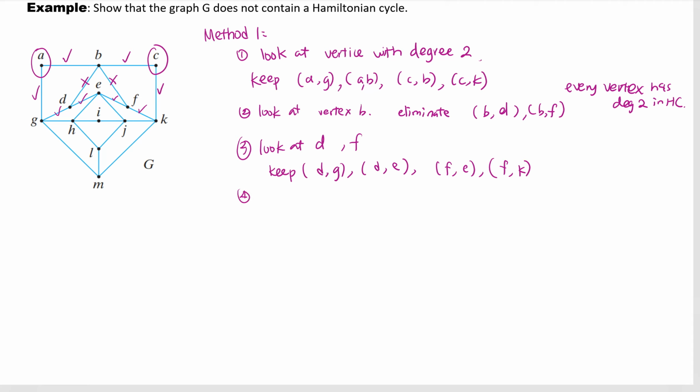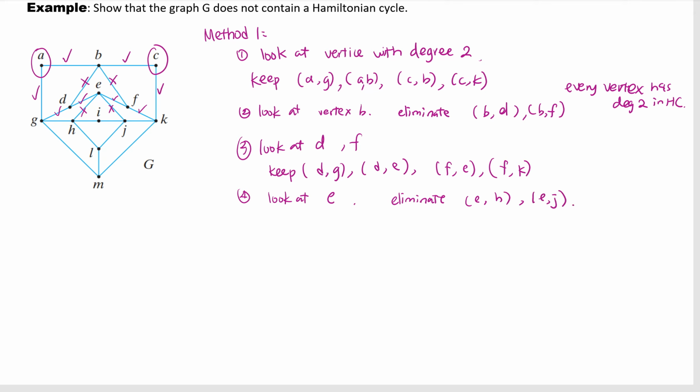Now we look at E. Because now we have 2 edges incident to E that we need to keep, the rest we need to delete. So we need to eliminate EH and EJ.